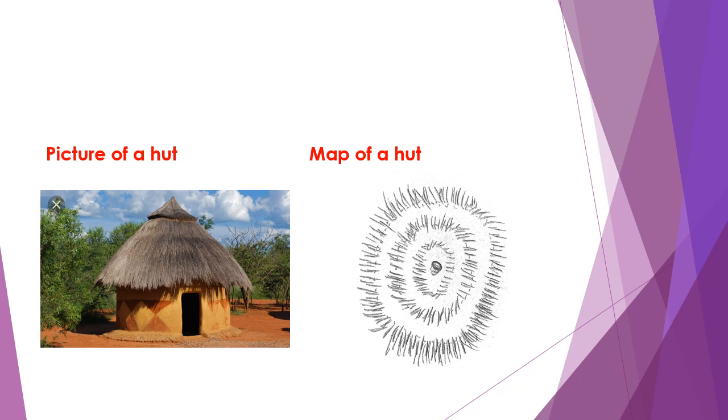That means that if you want to draw a picture of an object, as the first statement said, you stand aside. And if you want to draw its map, you have to go on its top and you draw what you see when you are above it.